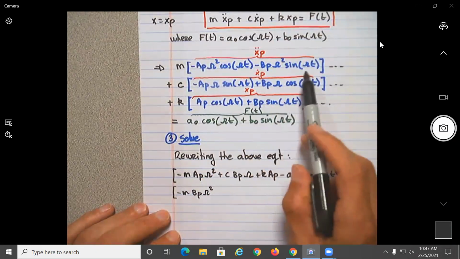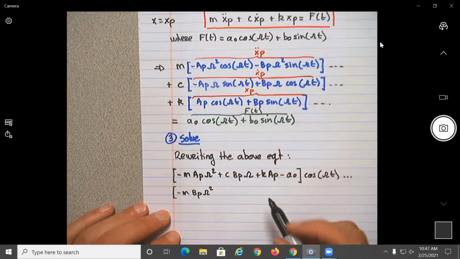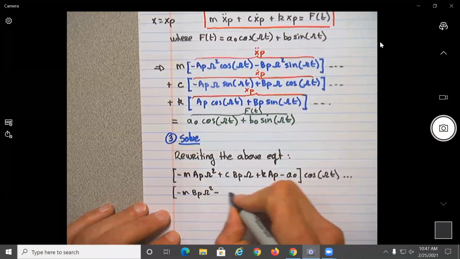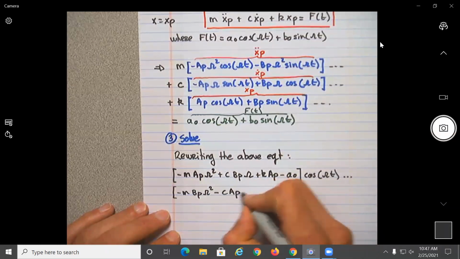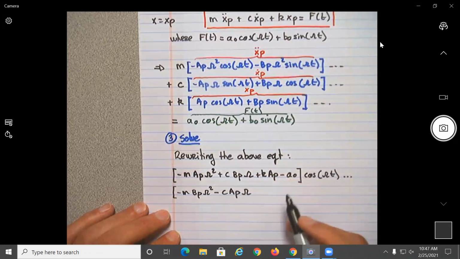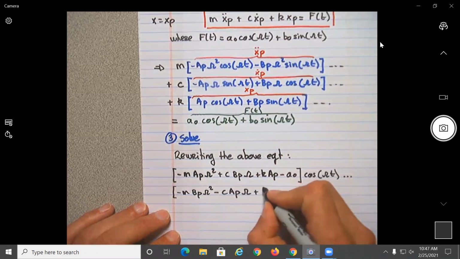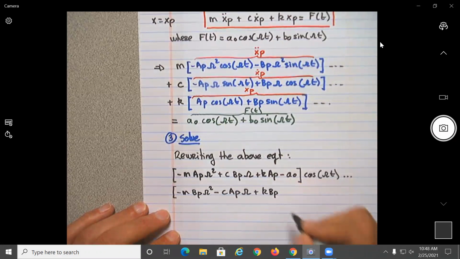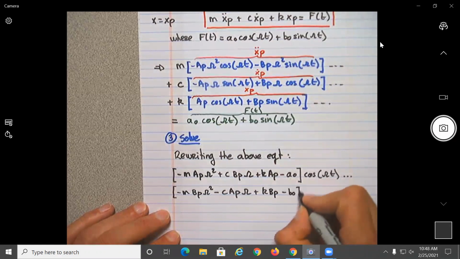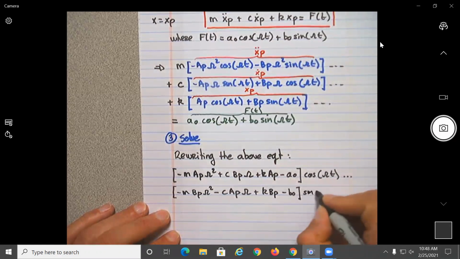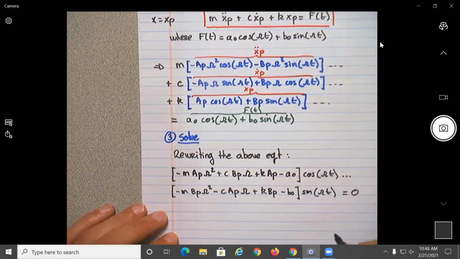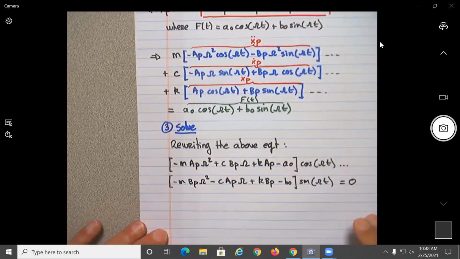So it will be this one. Then we'll have minus c a sub p omega plus k b sub p minus b sub 0 cosine omega t, and everything should be equal to 0.